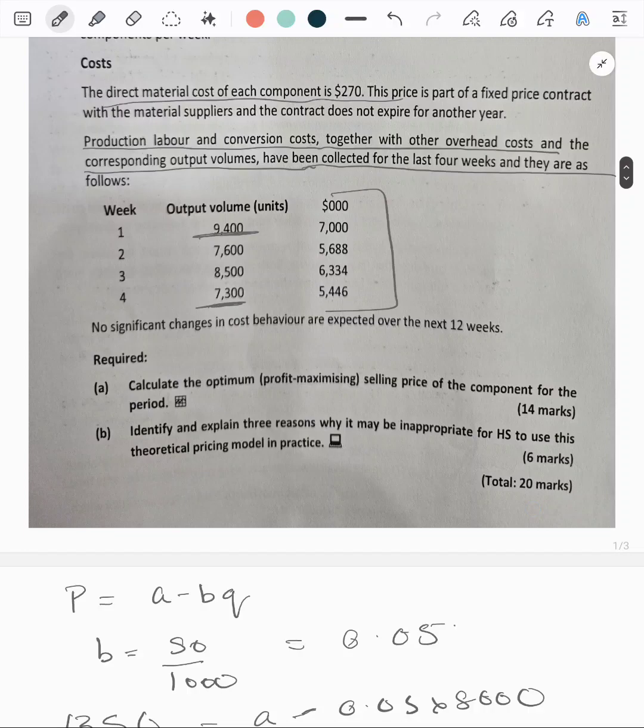We have calculated the optimum selling price now as 1380.